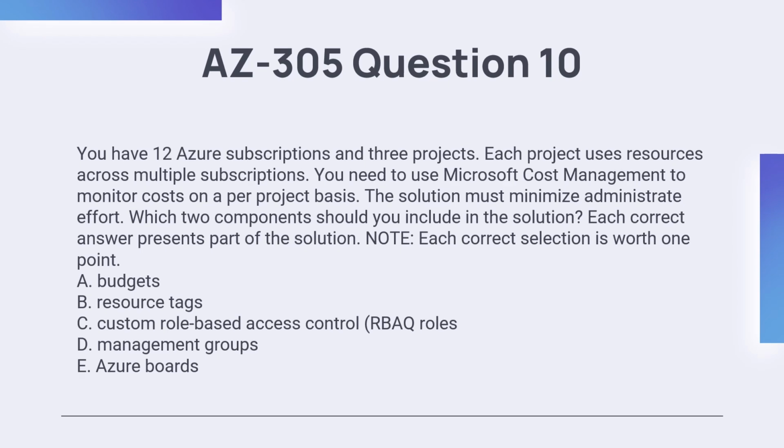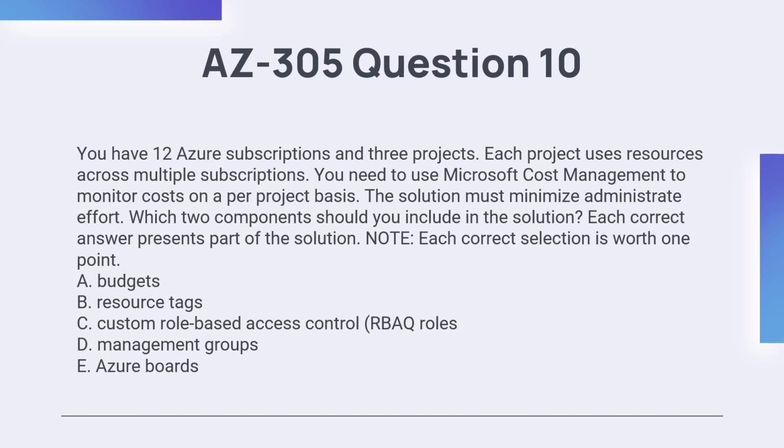You have 12 Azure subscriptions and 3 projects. Each project uses resources across multiple subscriptions. You need to use Microsoft Cost Management to monitor costs on a per-project basis. The solution must minimize administrative effort. Which 2 components should you include in the solution?